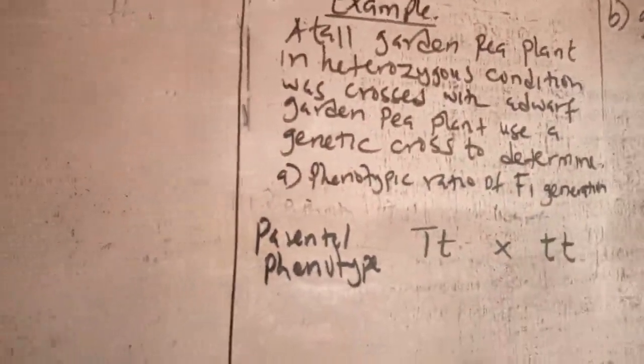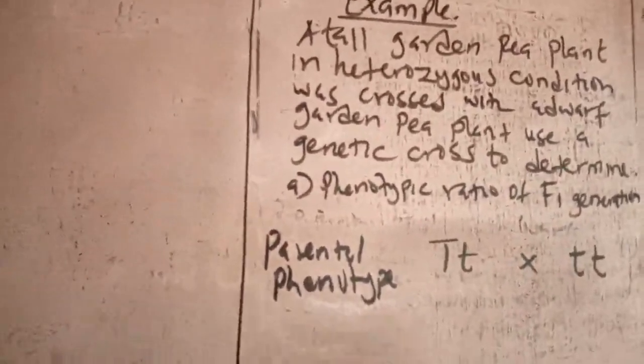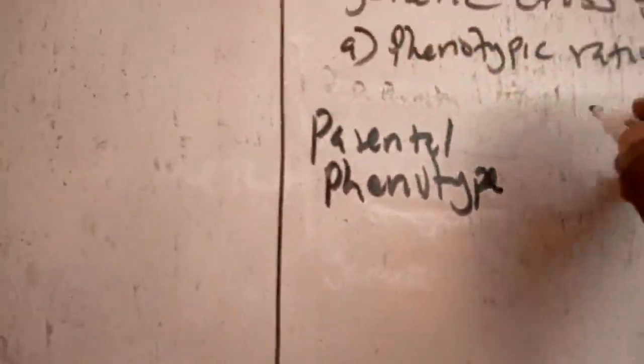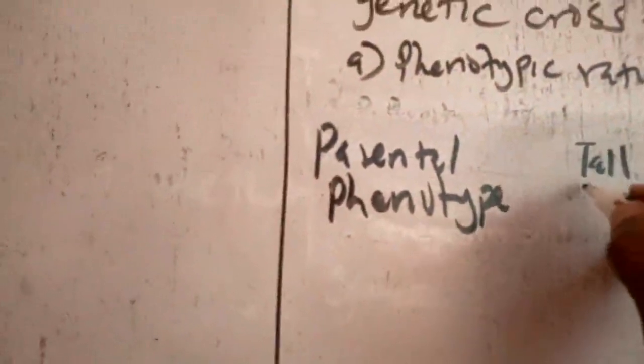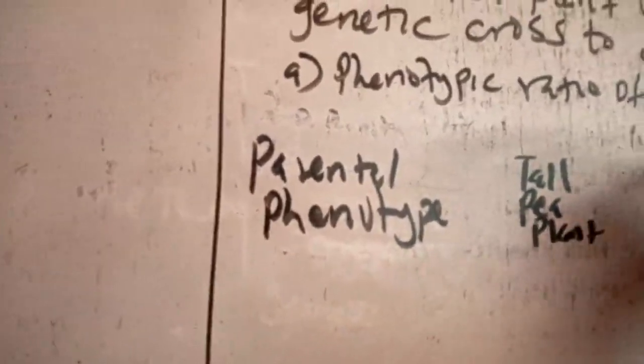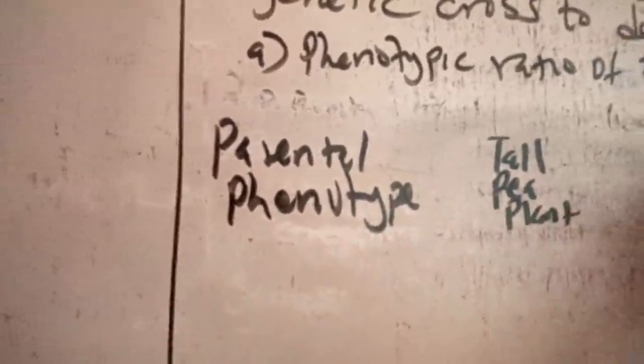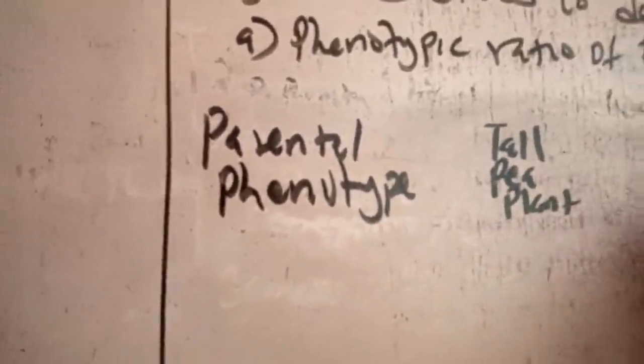Then after that, you are supposed to say tall pea plant, and this is dwarf pea plant.